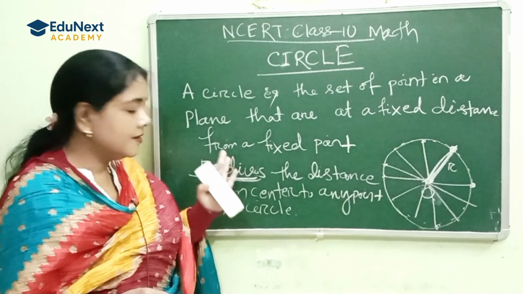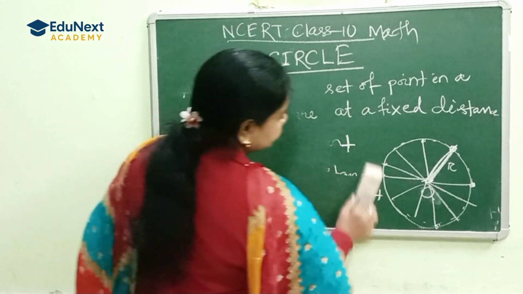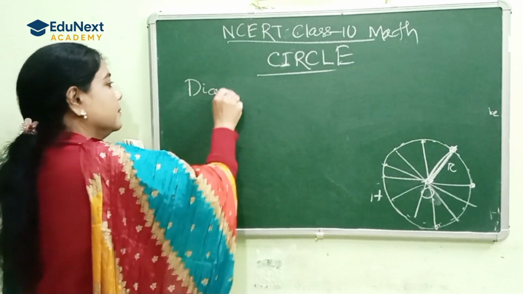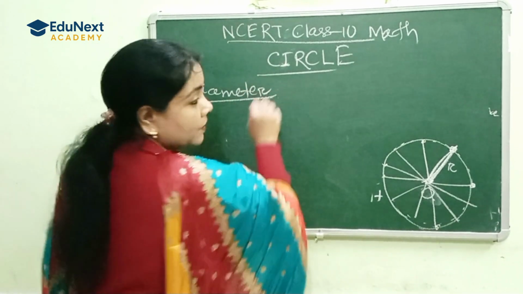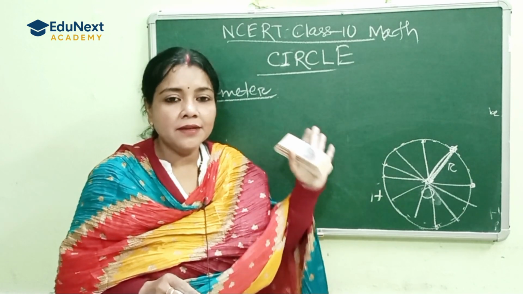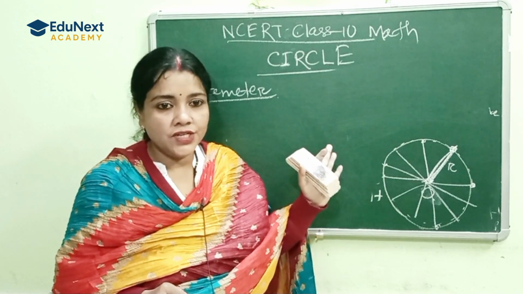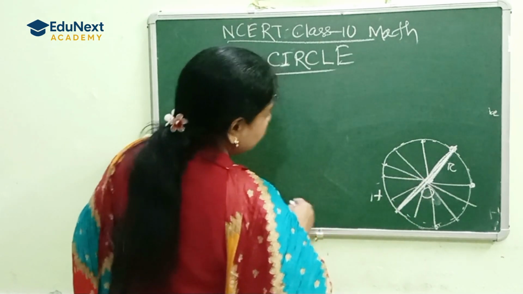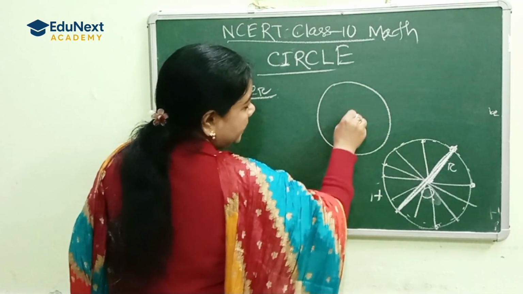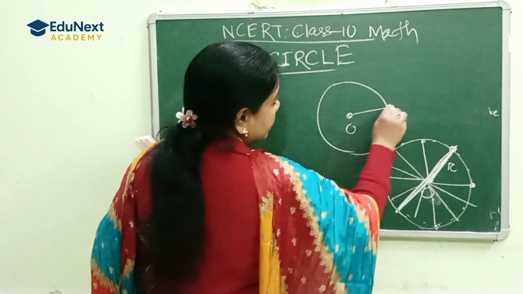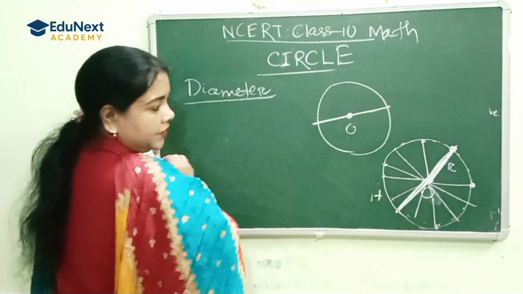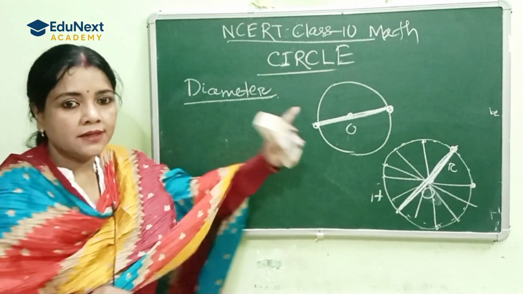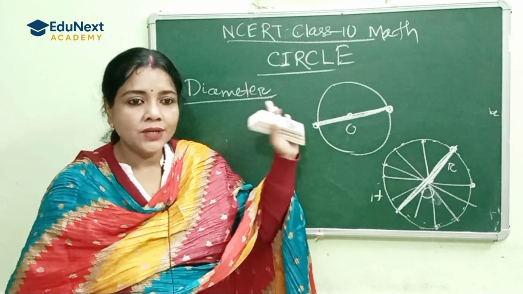Now let us define diameter. Diameter is a line passing through the center and touching 2 points on the circle. If I draw a circle here, with a center point O, and a line passing through the center and touching 2 points, that line is known as your diameter.